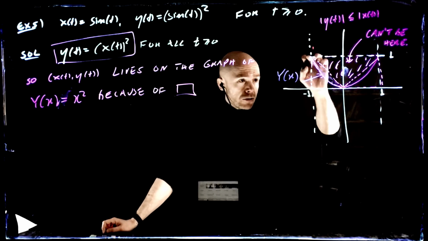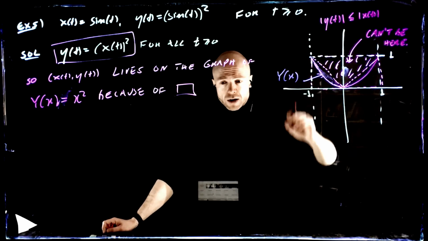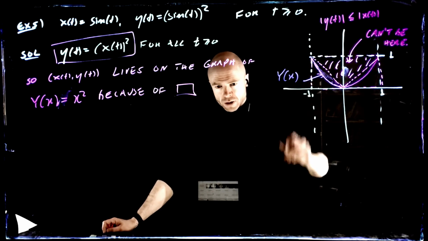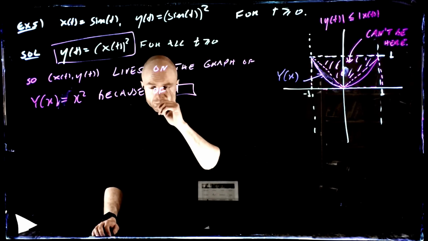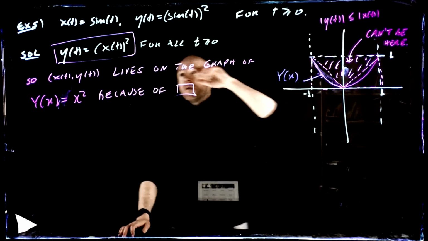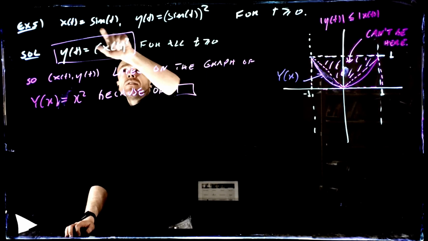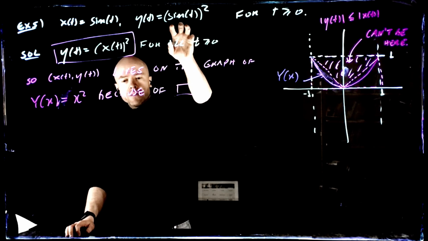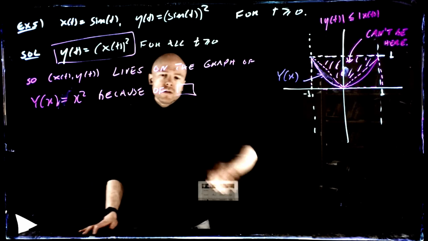Do we know that it goes on all the points of this graph over -1 to 1? Maybe it just lives on a little part of it. What do you think? Well, let's think. What we have here is x of t is sine of t, and y is this thing. So y for sure will always be positive, right? Well, what about x of t?